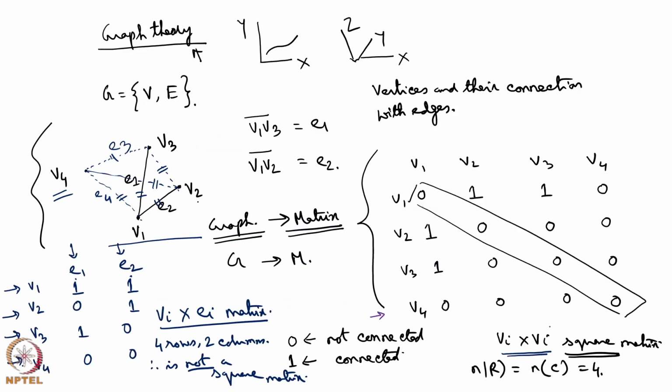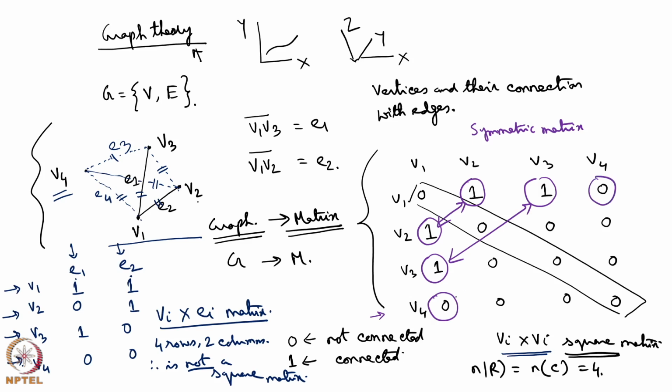Note that this matrix is a symmetric matrix. You can see that these two elements are the same. These two elements V3 V1 and V1 V3 obviously are the same. And these two elements, V4 is not connected with V1, and V1 is not connected with V4, obviously are the same. Then V3 and V2, and V2 and V3, these two elements have to be the same.